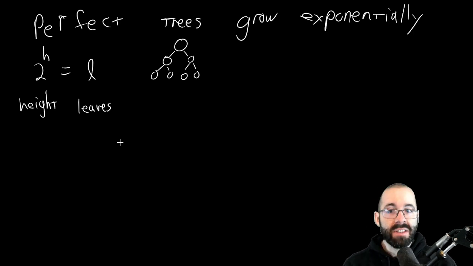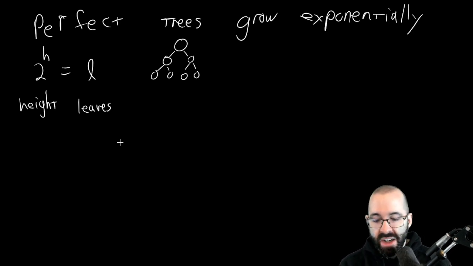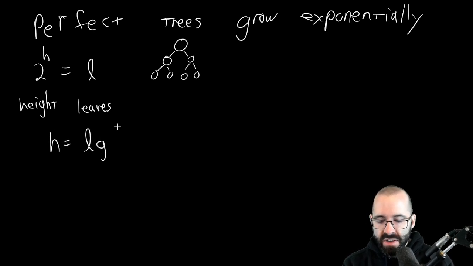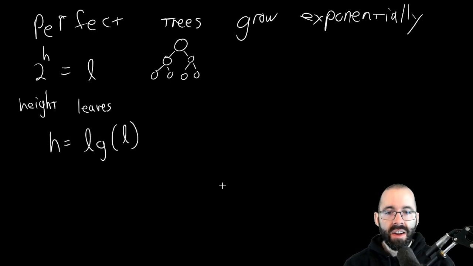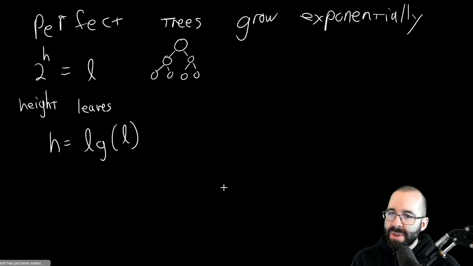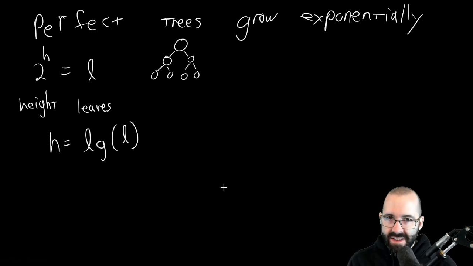But the inverse of that, if you remember back to your pre-calculus days, if we solve for h, is h equals log of L. Now the mathematician in me dies a little bit writing this way, but this is not a typo. I'm assured that computer scientists often write lg for log base 2.